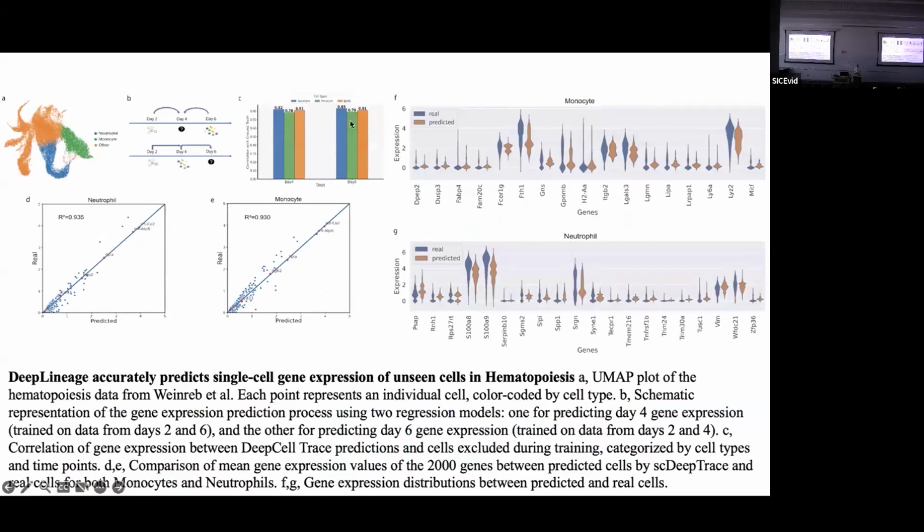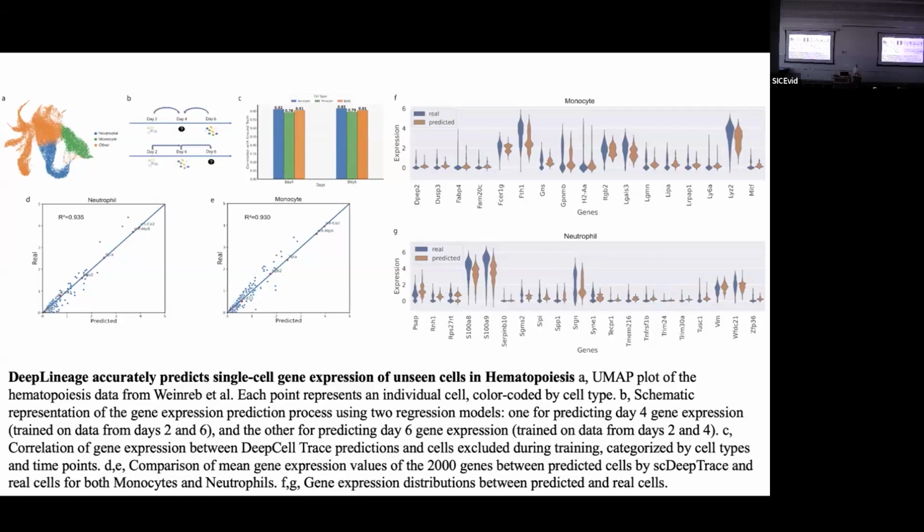So the way we tested this is we have an experiment that had measured gene expression data on day 2, 4, and 6 from a blood development study. And we hold out or hide one of the days and train the system. So we train the system on the whole data set, and then we give it day 2 and 6 data, and we say, predict day 4 data.